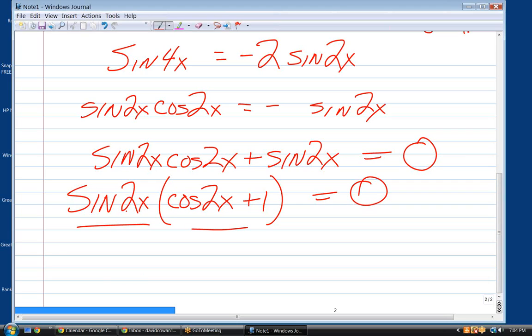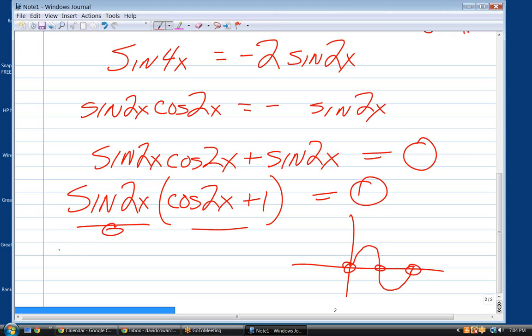Well, what does it take for this to be 0? Well, if we look at the sine curve, the only way it can be 0 is there, there, and there.